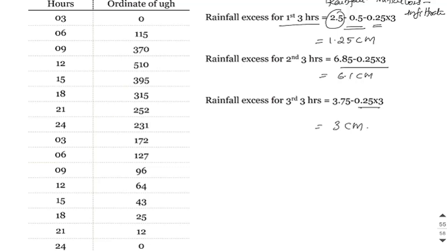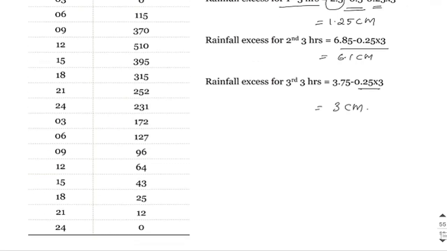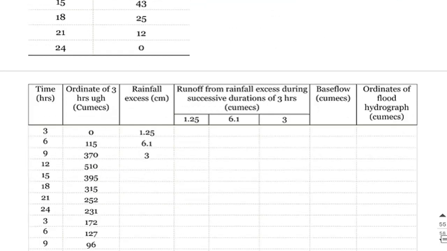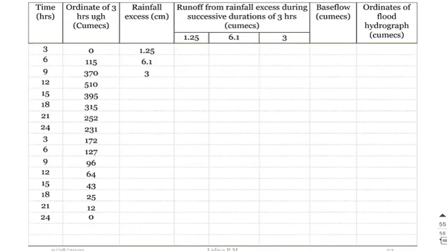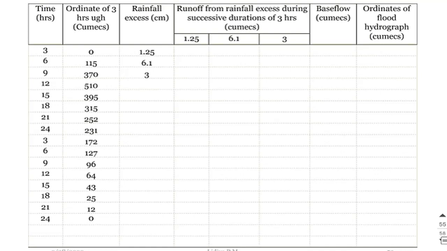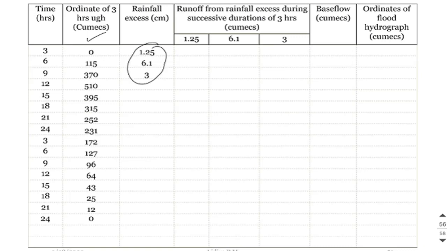In the previous question there is only one rainfall, but here we have 3 rainfall values. So draw the table like this. The first two columns represent the data in the question. Then we have the rainfall excess that we calculated in the third column.